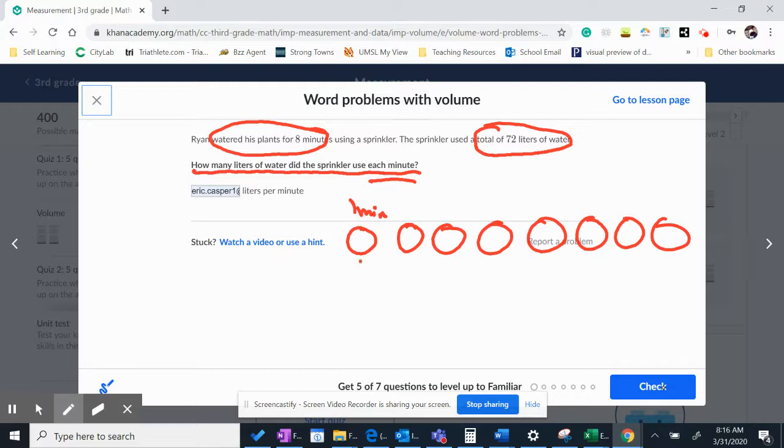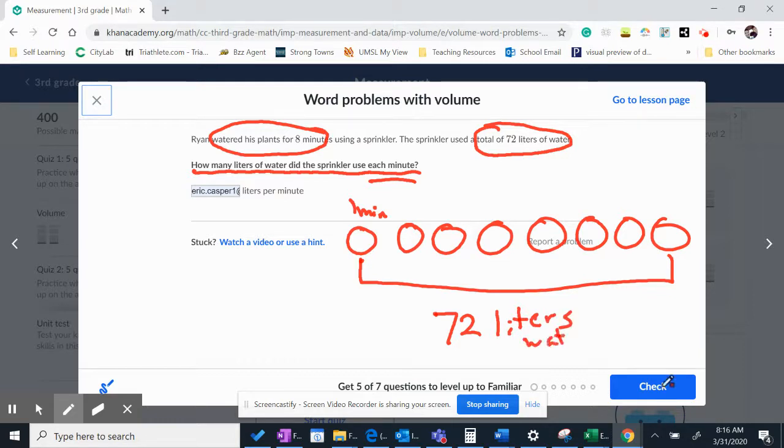Now, all these minutes, okay? Ryan watered the plants for 8 minutes using a sprinkler. All these minutes together, the sprinkler used a total of 72 liters of water. So remember, each one of these is a minute, and all the 8 minutes together used 72 liters of water.